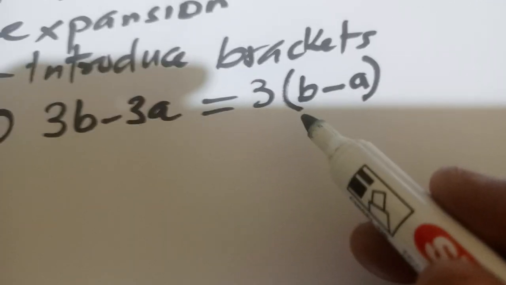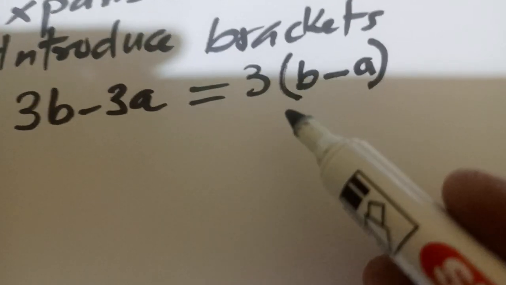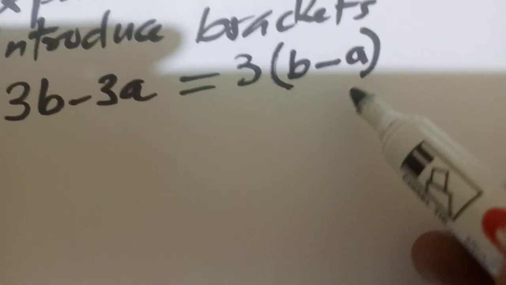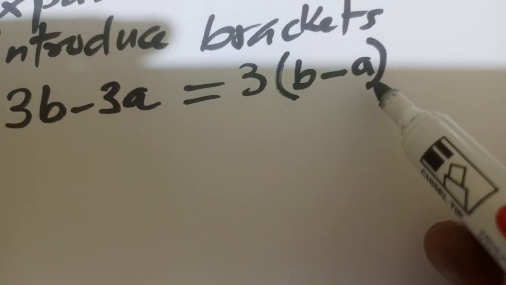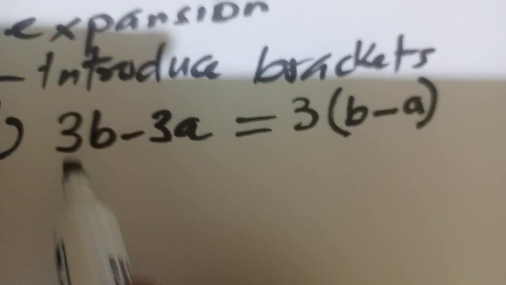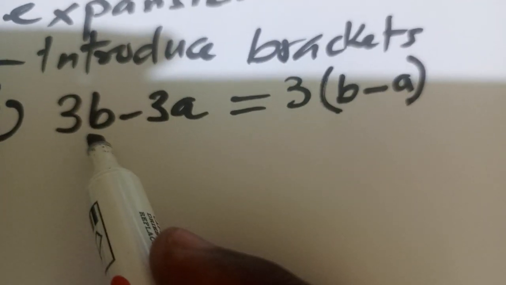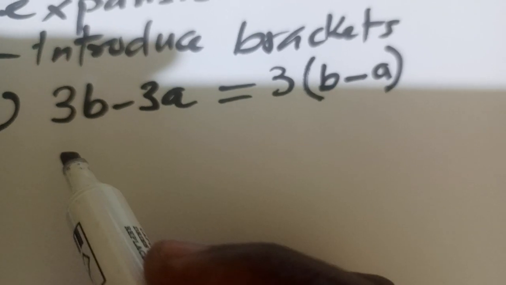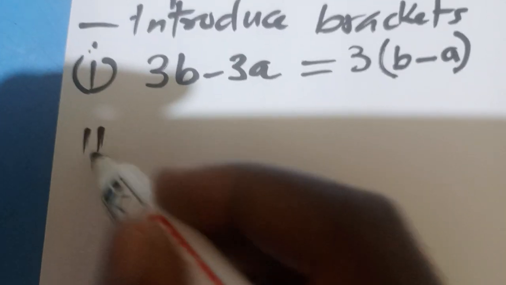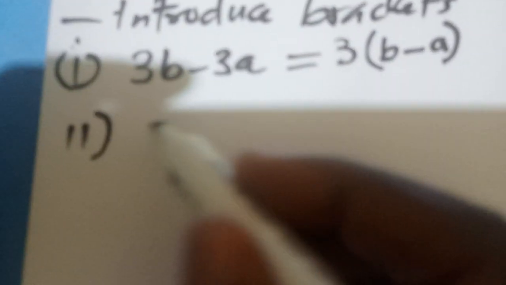So in other words, when we factorize, we get factors. So like here we have two factors, 3 and b minus a are the two factors of this algebraic expression, 3b minus 3a.